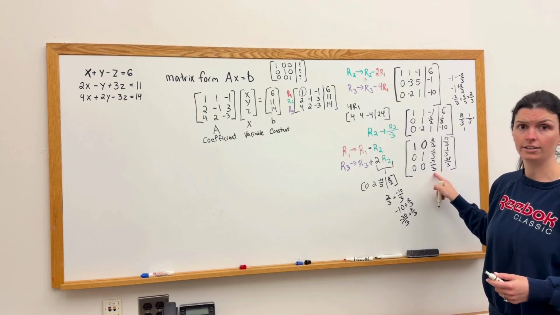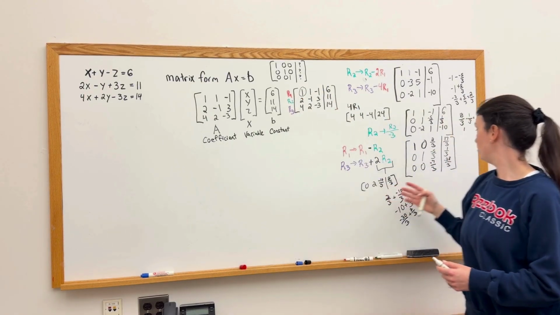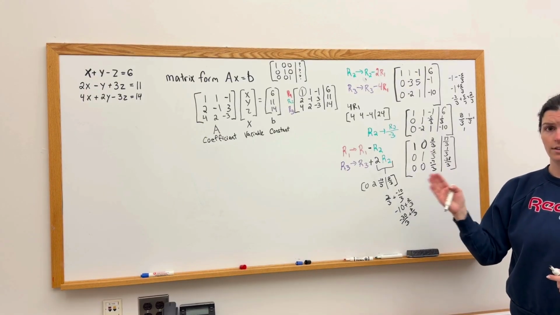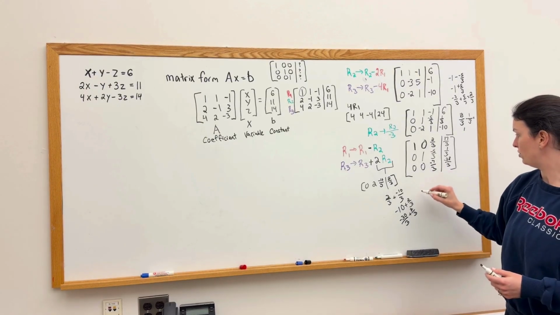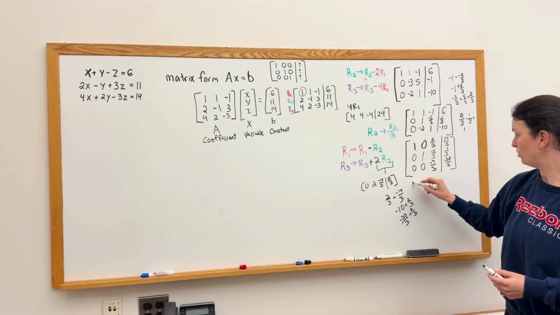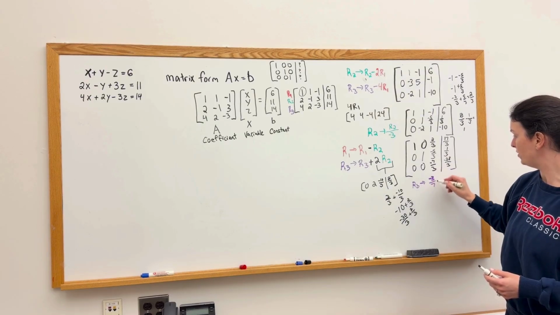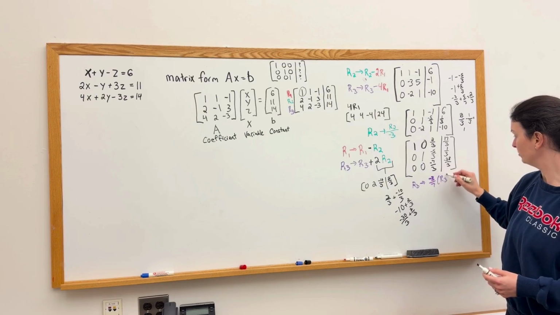We want a 1 here, right? How are we going to get 1? We can multiply by negative 3 over 7. So row 3 is going to become negative 3 over 7 times row 3.